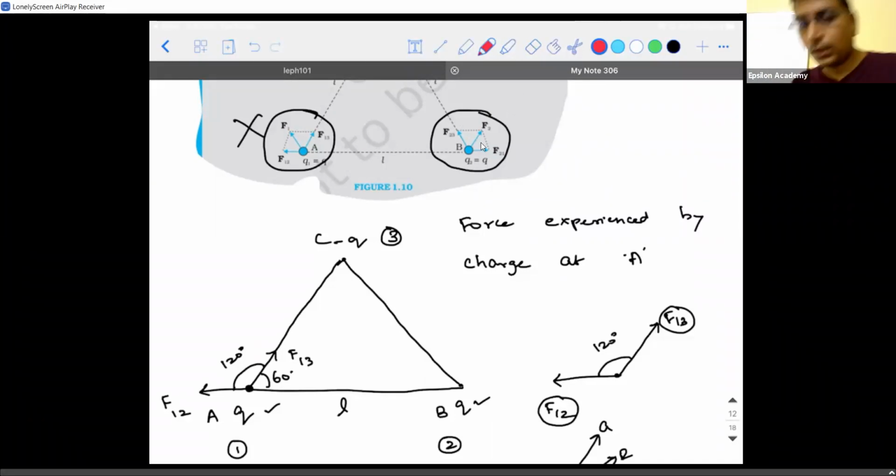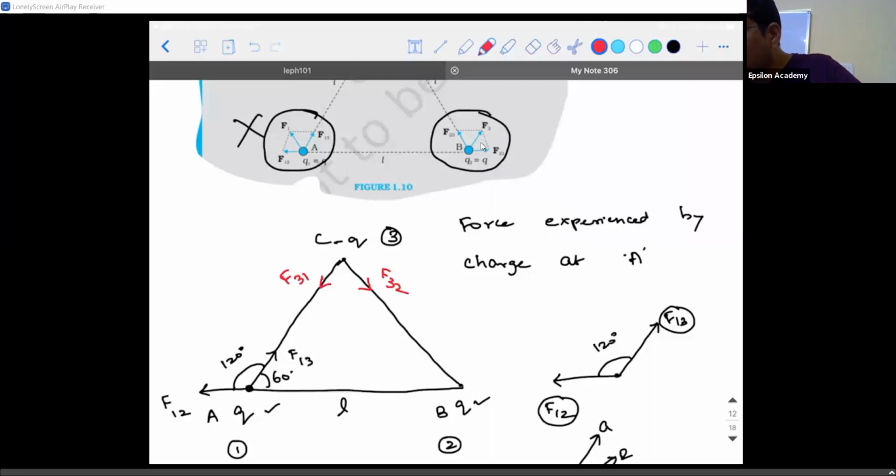Why is it so? The force experienced by the charge at point C due to 1 will be in which direction? Will it be towards 1 or away from 1? It will be towards 1. What is the name of that force? F31. The force experienced due to 2 is also towards 2, because it is going to be an attractive force, right?